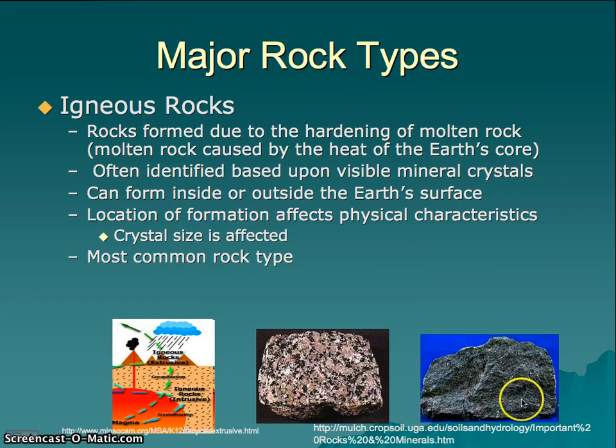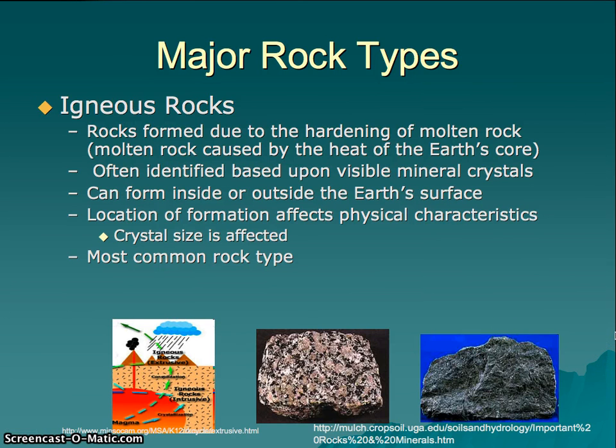So here you'll see this one has a lot of mineral crystals, and that one's considered a granite or an intrusive igneous rock. And then this one has small mineral crystals and is actually an extrusive igneous rock. It formed very quickly. So they can form inside or outside the Earth's surface.